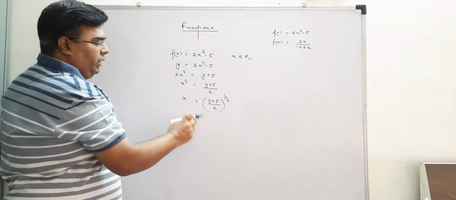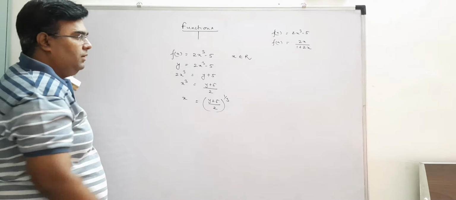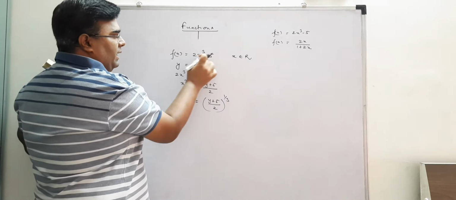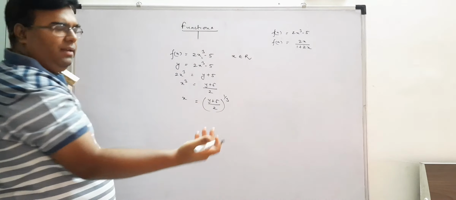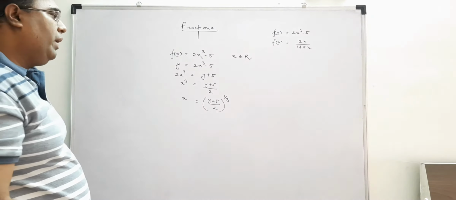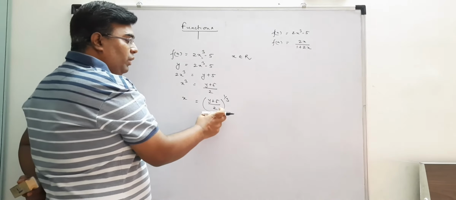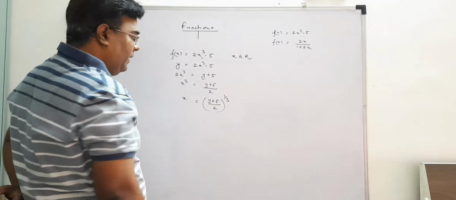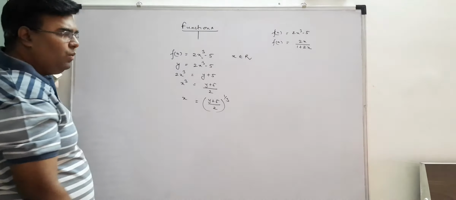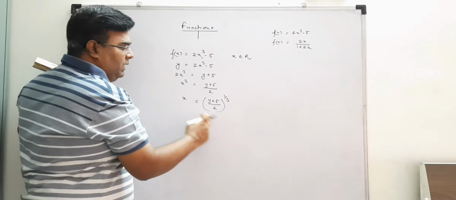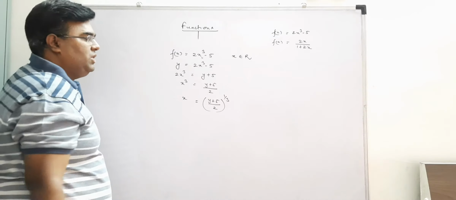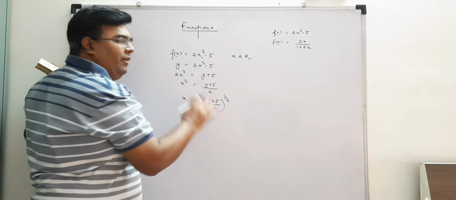So here now we will check. We know that x can take any values, right? Here we will get the value of y. Can we take any value of y also? Is there any restriction on y? Of course, in this example there is no restriction. I can take any value of y.